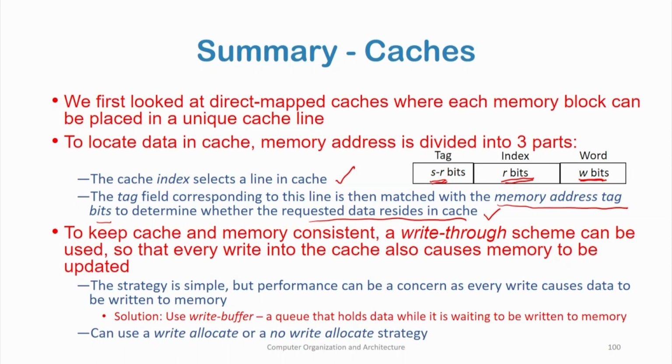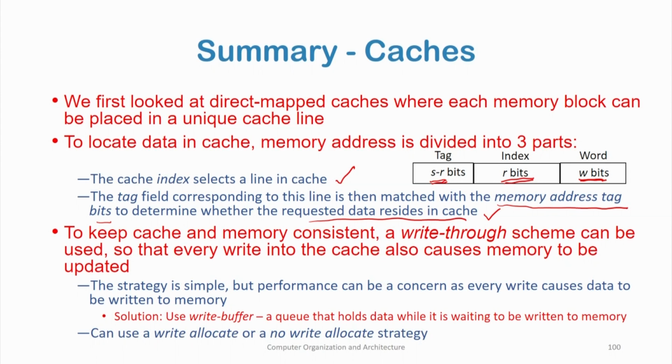Now, when we are talking about write misses in a write through cache, we can use a write allocate or a no write allocate policy. In a write allocate policy, when we have a write miss, I am trying to write onto the cache, and the block of memory in which I have to write is not currently in cache.